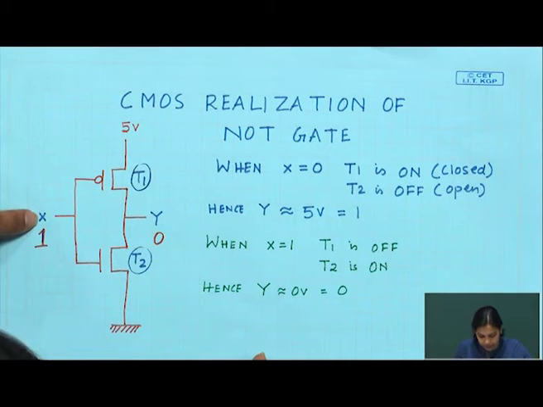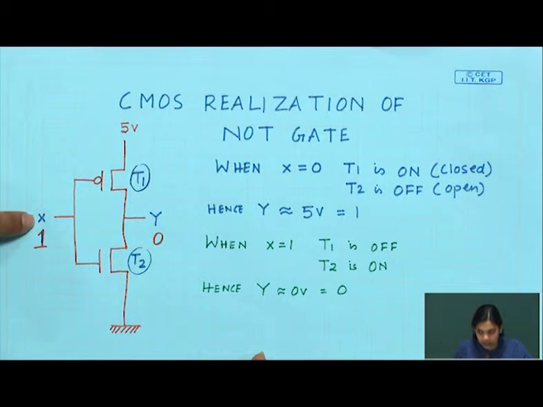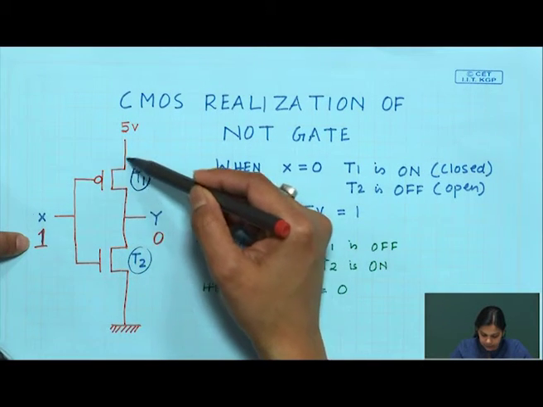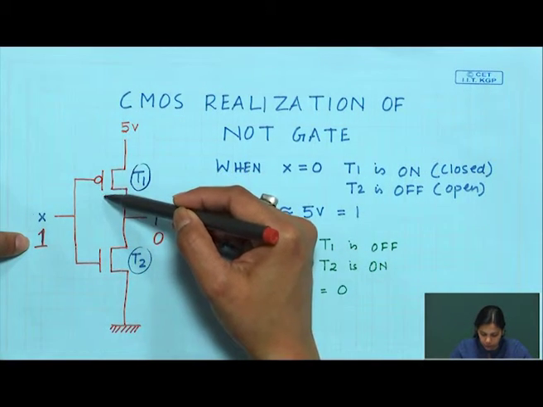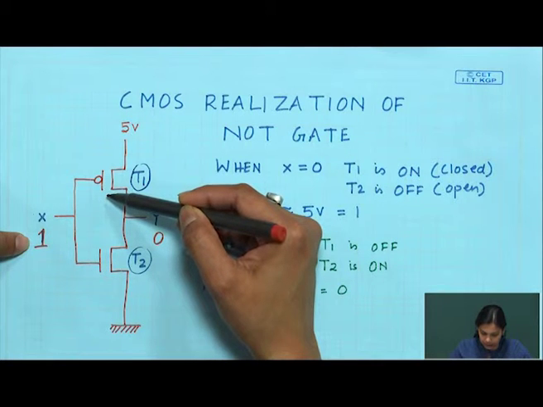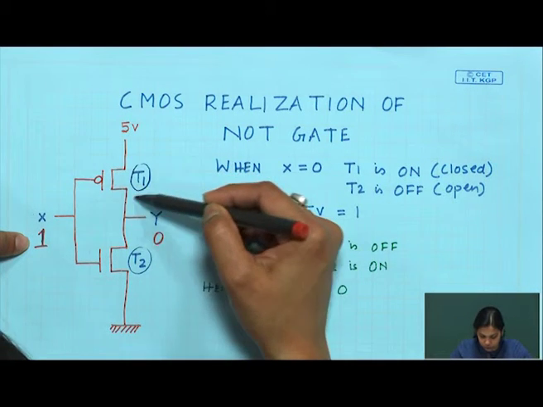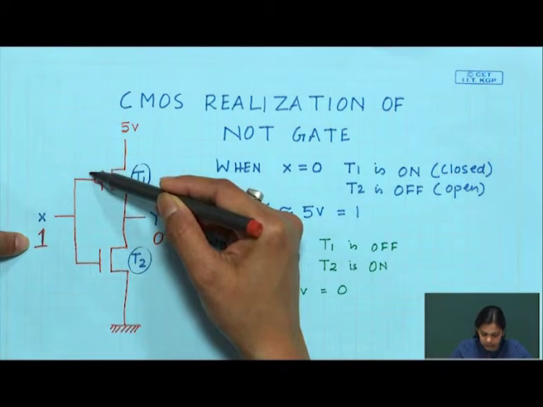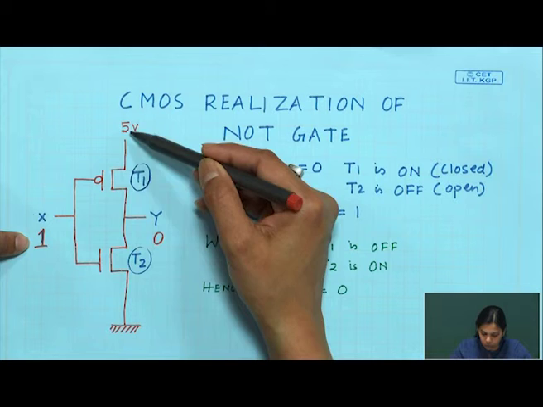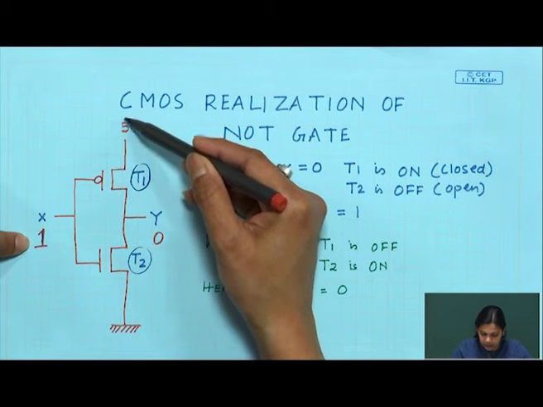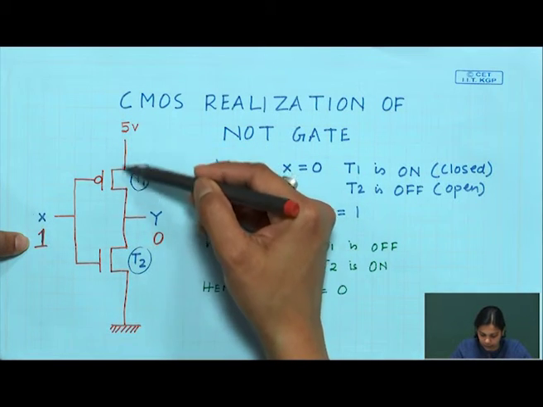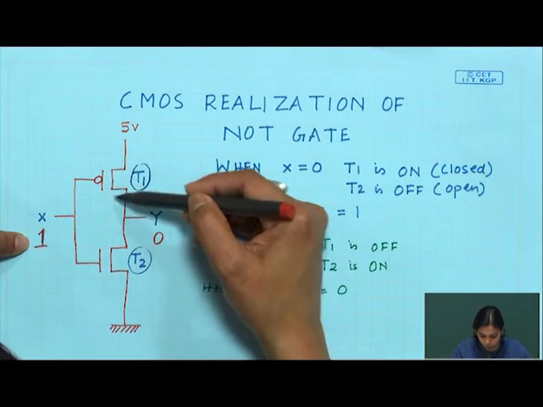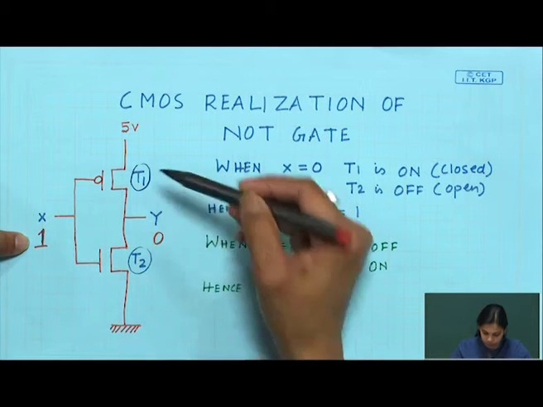Let us see if I give X as 1. Then the above transistor, T1, will not be conducting, because this is a PMOS transistor and it will only conduct when the input here is 0. So, there will be no connection from this; it is open, T1 is off.